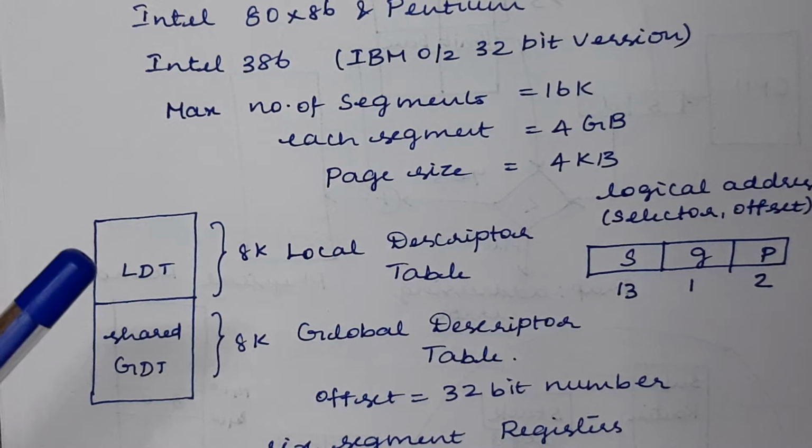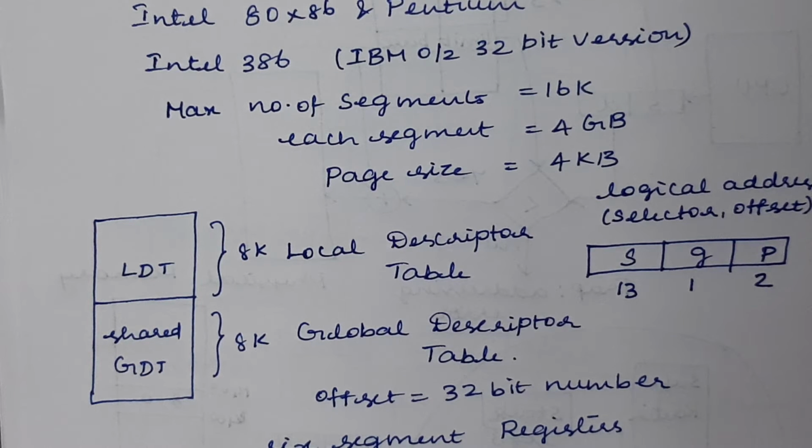So what is the meaning of this LDT and the GDT? First of all, I will tell you why we are going with this descriptor table. Descriptor table is the table which indicates whether a particular segment is available in main memory or not. Because we have combined the concept of paging, we need to follow whatever techniques we followed under paging.